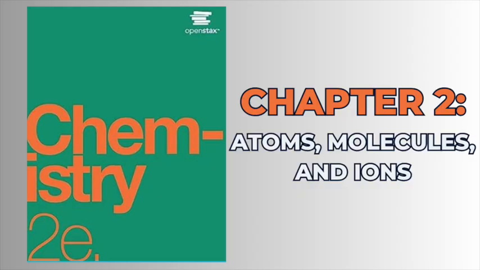Dmitri Mendeleev in Russia, 1869, and Lothar Meyer in Germany, 1870, independently recognized that there was a periodic relationship among the properties of the elements known at that time. Both published tables with the elements arranged according to increasing atomic mass. But Mendeleev went one step further than Meyer.